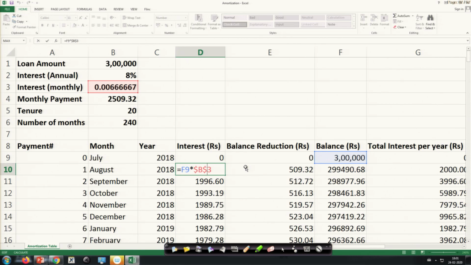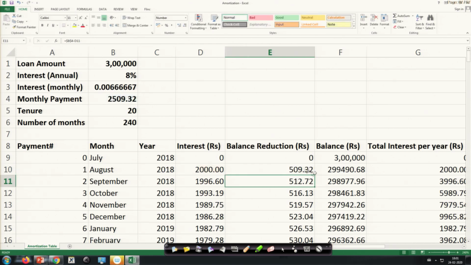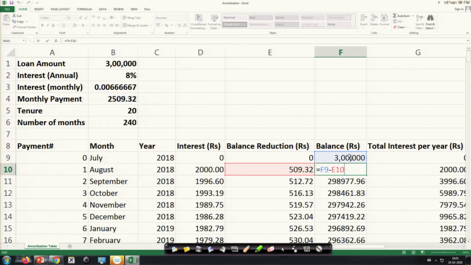So, this will give us 2000 rupees, and this is basically the EMI that has been paid, the amount that has been paid minus the interest charges, and this is basically the principal amount minus contribution towards balance reduction, and that is how every month it is growing the amount that is going towards balance reduction.